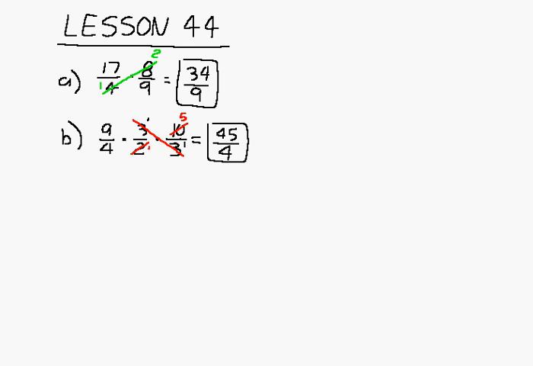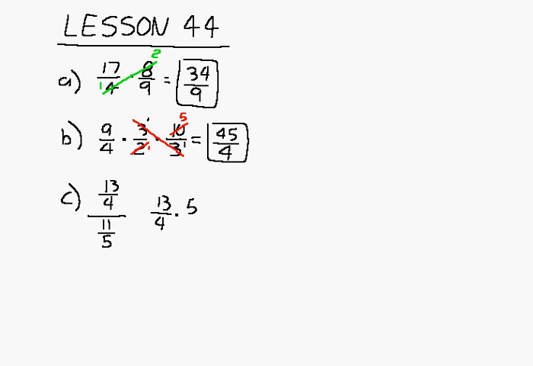Let's look at C, a division problem. So let's write it as improper fractions first. 13 over 4 divided by 11 over 5. So now we've got them as improper fractions. We can clearly see what we need to do. We say 13 over 4. We take that second fraction, invert it, and multiply.